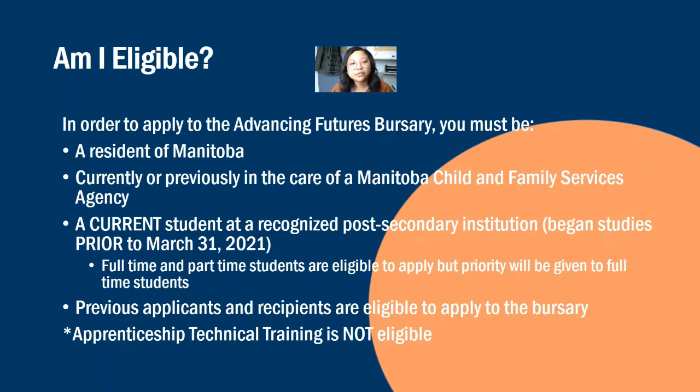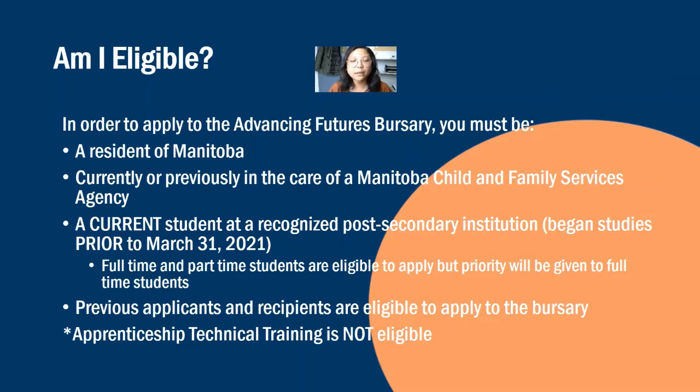Also, you have to be a full-time or part-time student, but priority will be given to full-time students. Previous applicants and recipients are eligible to apply to the bursary. So if you applied to the Advancing Futures Bursary last year, you can apply to Advancing Futures Bursary this year.